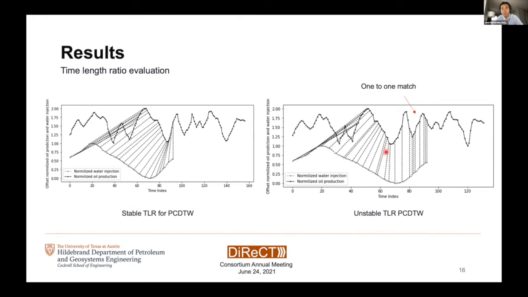This might not be very helpful or representative to find the lag time of our water injection into the production response. And this is the optimal alignment at the point right before the boundary between where the method is stable and unstable. And here we still have a match between the two signals.